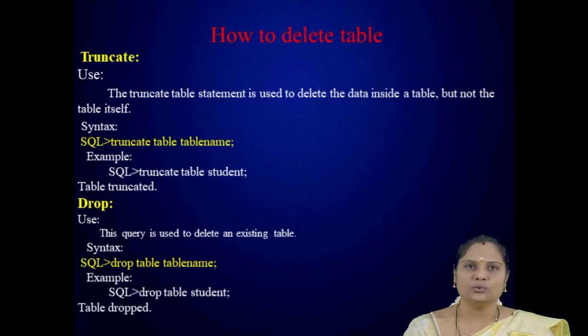In our student table, we want to delete all the records. We use this truncate table like truncate table student. After executing this query, we have no rows in the student table, but the structure of the student table remains same. Now we can add new rows into the student table.